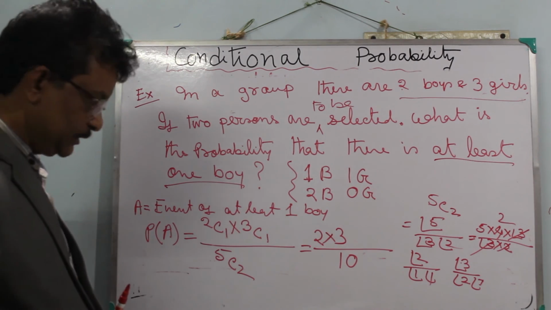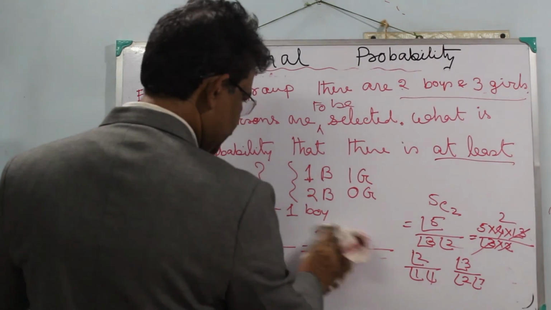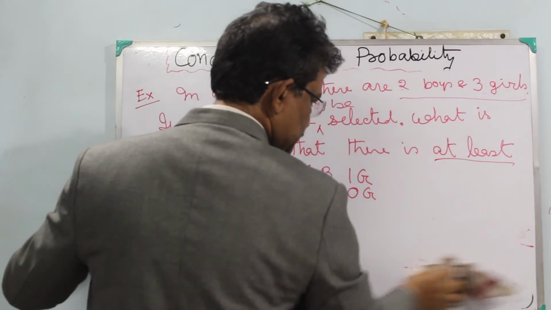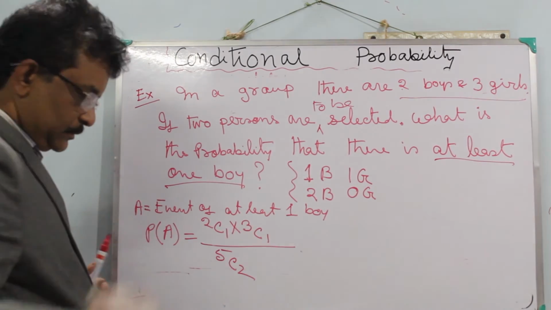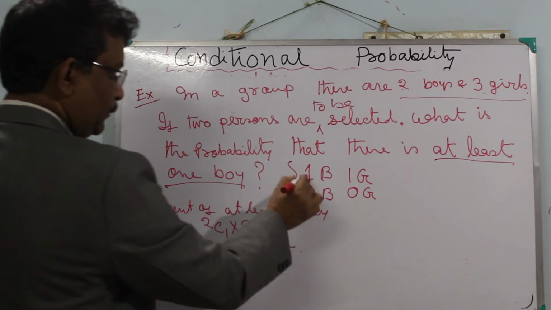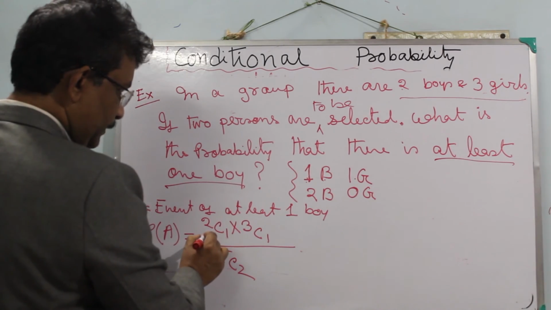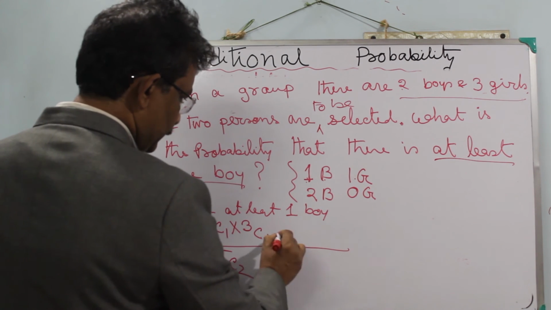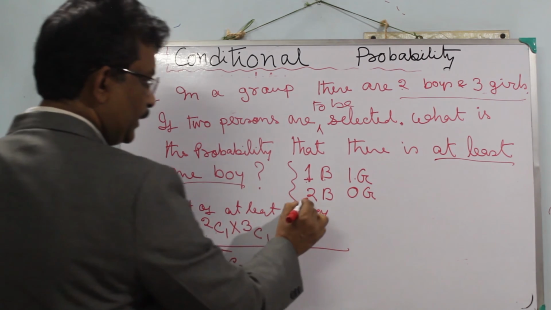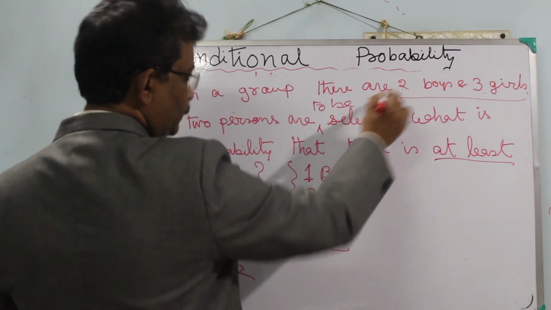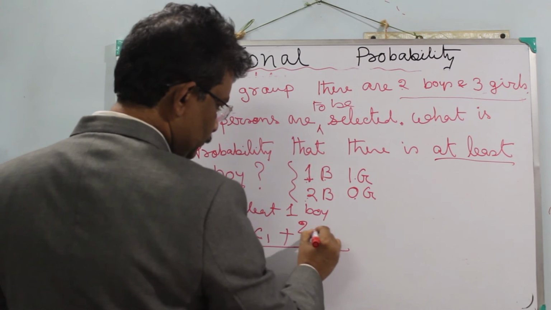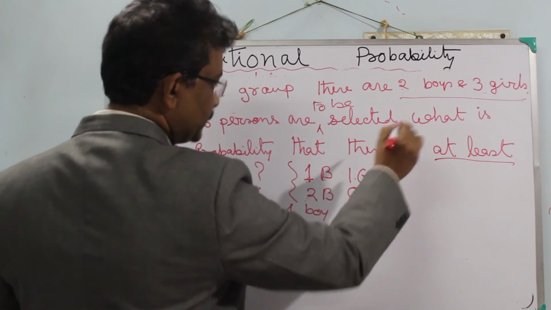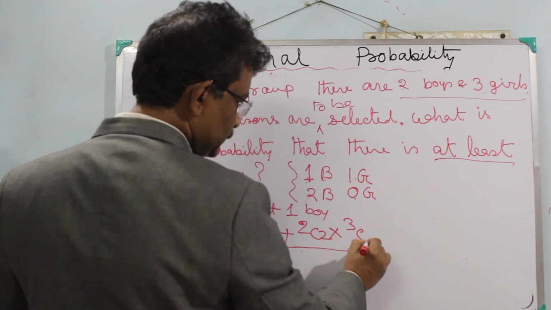Okay. So this is the one case. I am just showing you that one boy and one girl can be selected in 2C1 into 3C1 ways, plus 2 boys and 0 girls. 2 boys can be selected from 2C2, and 0 girls from 3C0.